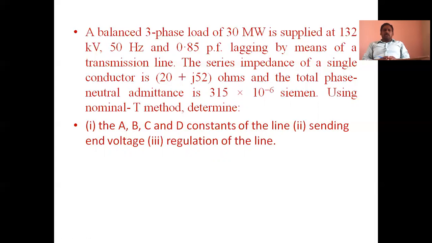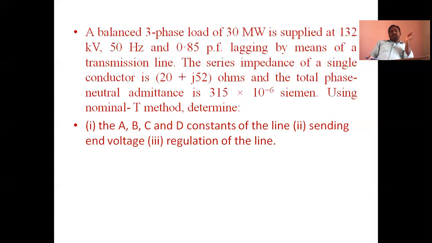If you observe the given problem, it is a three-phase system. The power delivered to the load, or receiving end power, 30 megawatt, is a three-phase power, supplied at 132 kV, which is the line voltage. From that we can calculate the phase voltage VR by root 3. The frequency is 50 hertz and the power factor is 0.85.